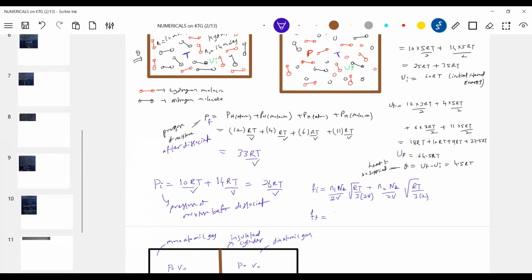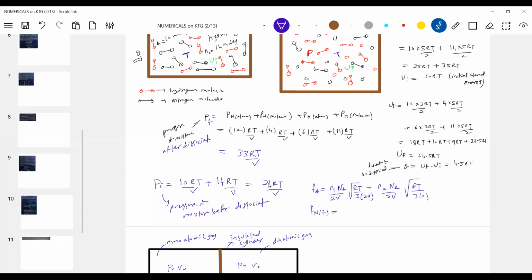The final rate of collision will be... I think this was the symbol we used. Am I right? Yeah.